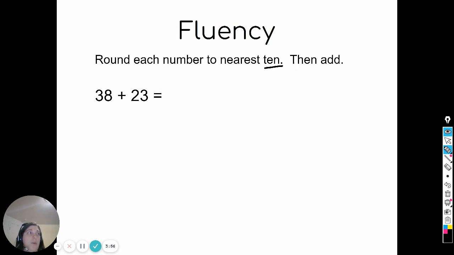Message me the answer in GoGuardian when you have it. If you're not sure where to start, remember you'll need a vertical number line for each of your numbers.